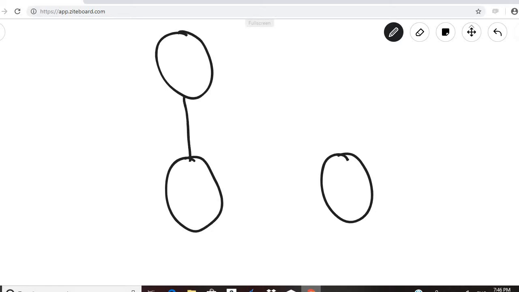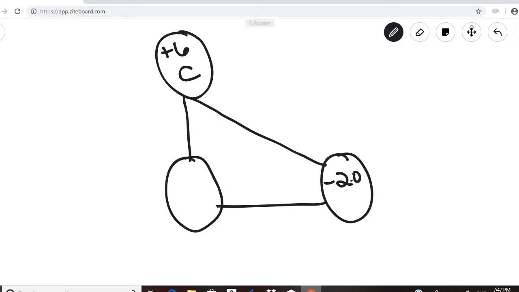So we will go here, here, and here. This is a positive 6.0 coulombs. This one is a negative 2.0 coulombs.